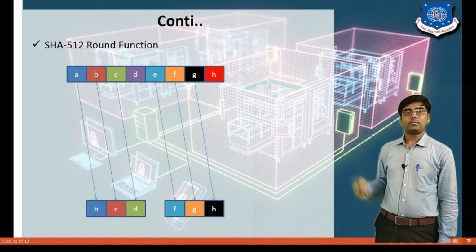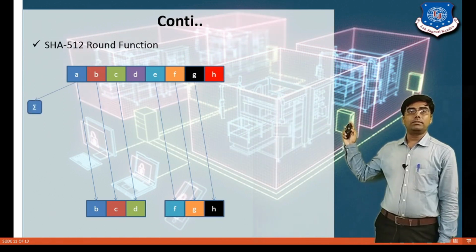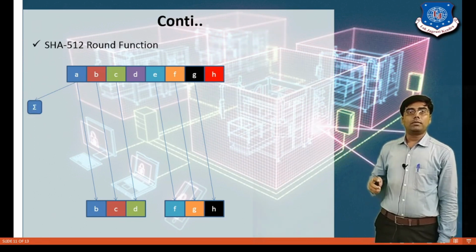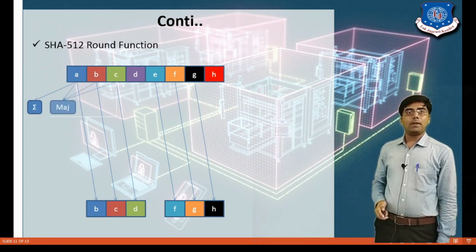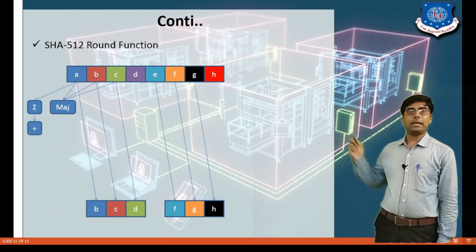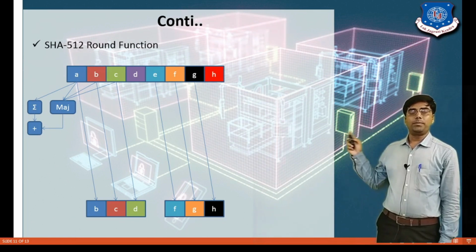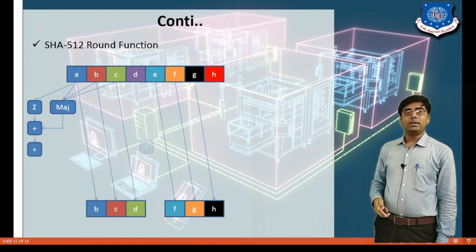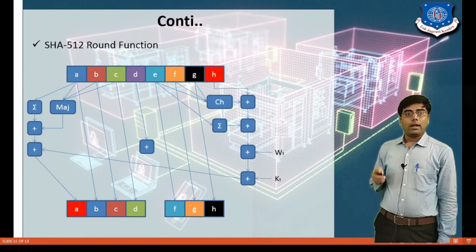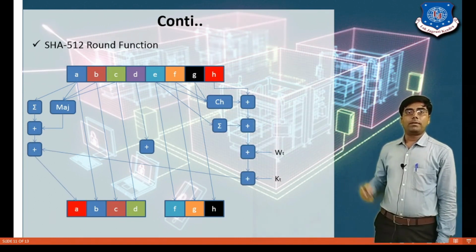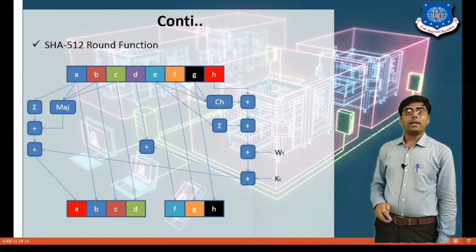Now the next, the addition. The sigma plus addition is added with the majority function, and the input is ABC, again added with the constant KT, and it is assigned to buffer A. Now in each and every round we have to repeat these things, and the output of these buffers will be input to the next round.